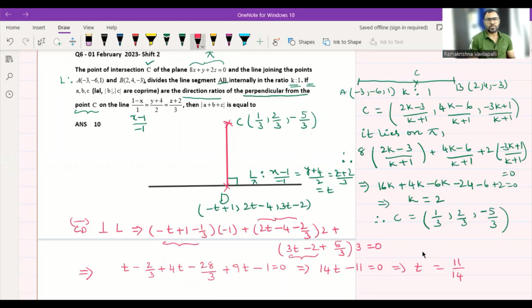Okay, so therefore the DRS of CD means the perpendicular CD or DC, whatever it may be, no problem at all.